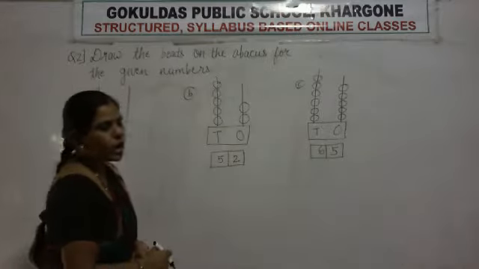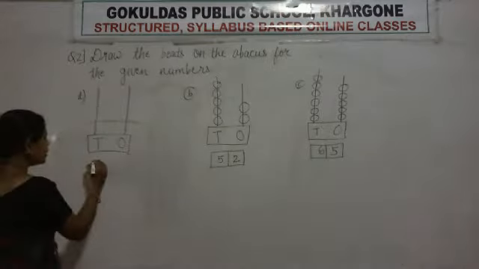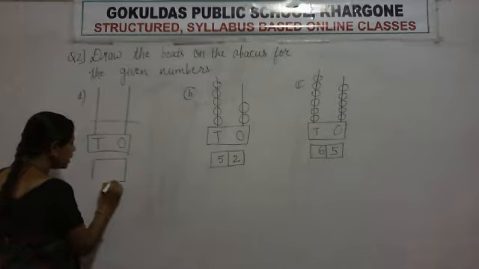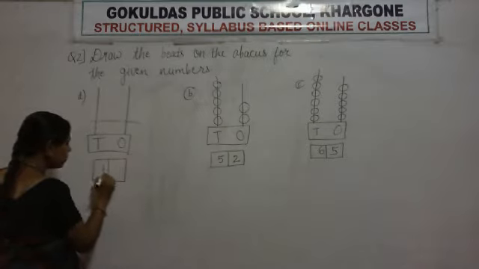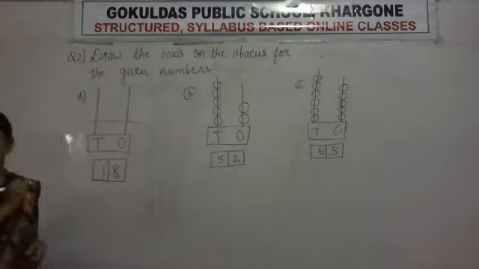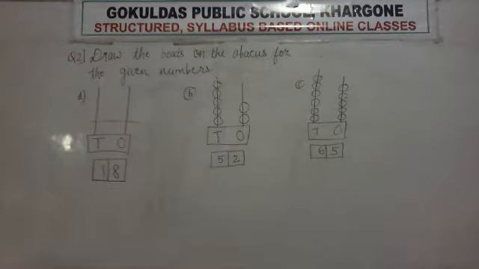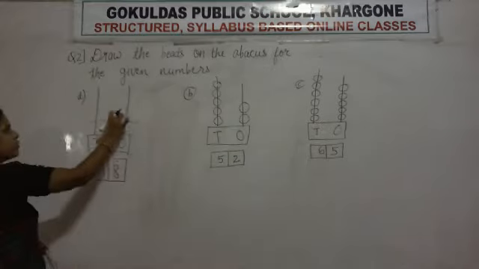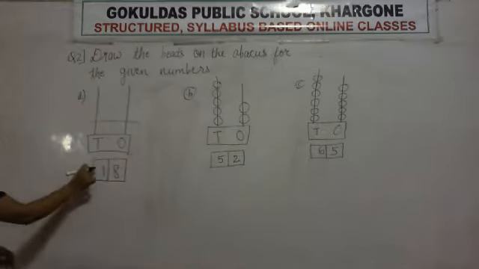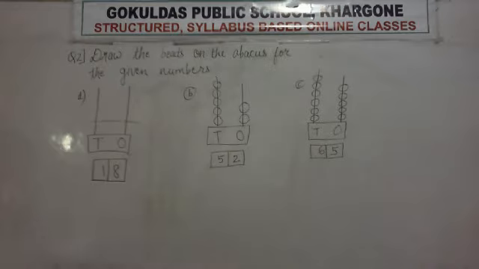And what is the number given at question D? The number is 18. What is the number given here? 18. That means we have to draw 8 beads at ones place and 1 bead at tens place. So from which side do we start drawing the beads first?